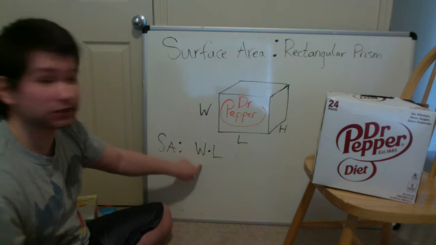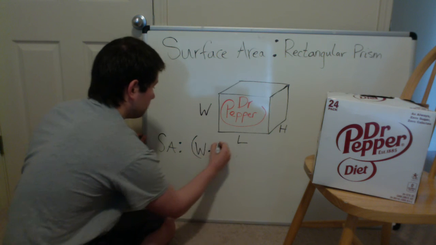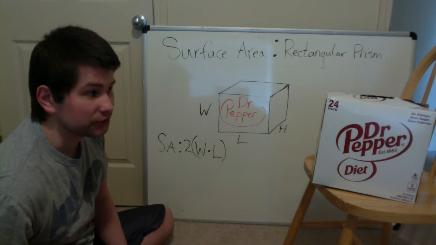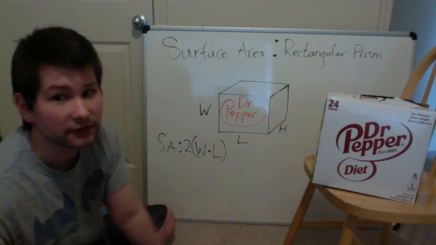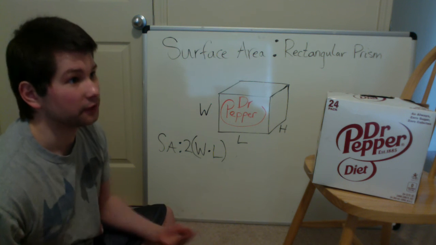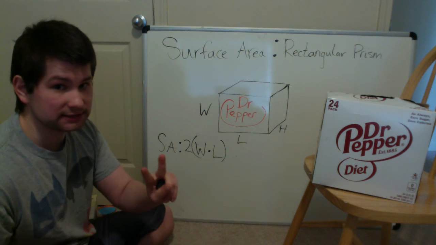So we can take the width times length, and we are going to multiply that by 2. Why? Well, because we know that this side is the same as the back side. So if we find the area for the front, we can just double that to account for both the front and the back. Cool. So we got 2 sides out of 6 done.